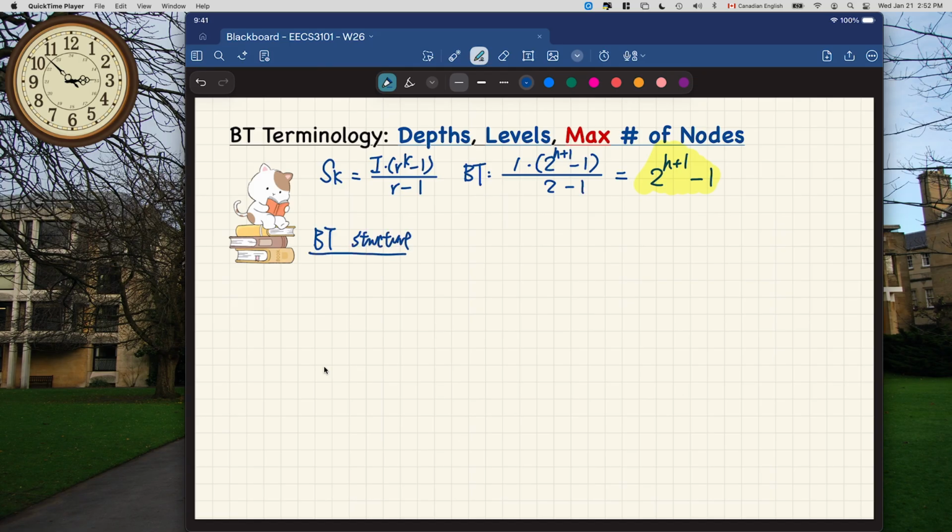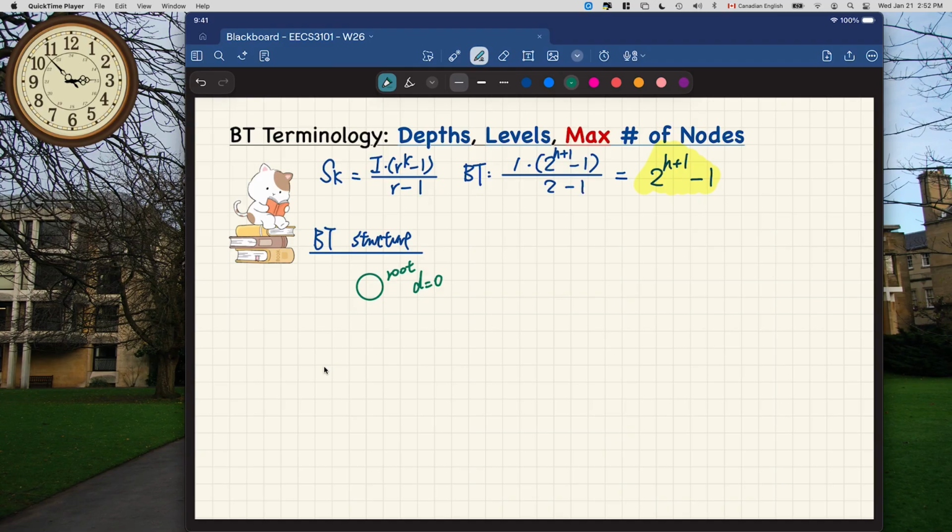Let's start with the root. Let me use a different color. Let's say this is the root of the binary tree. There's only one node, and we say this is so-called level 0, because if you recall the definition of depth from last time, for the root the depth is simply equal to 0.